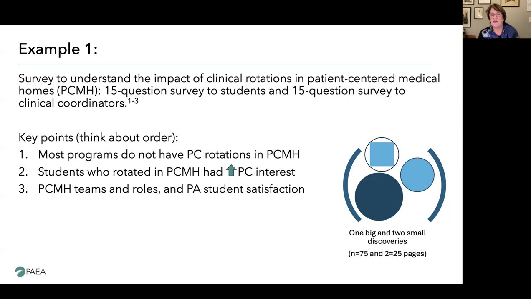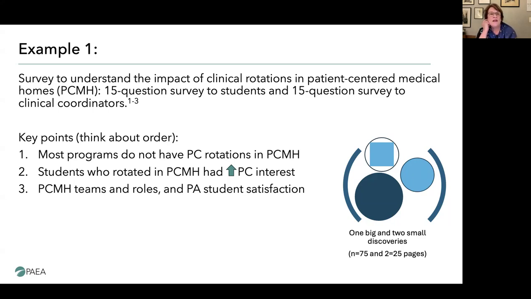And finally, when we examined the questions related to the patient-centered medical home teams and roles and how students were integrated and whether or not students were satisfied practicing in that environment, we found also that there was evidence that the students were highly satisfied, having been at a place that was a patient-centered medical home.